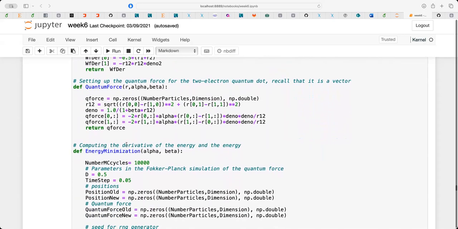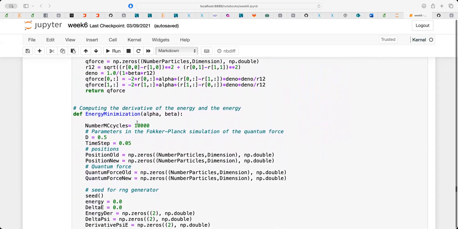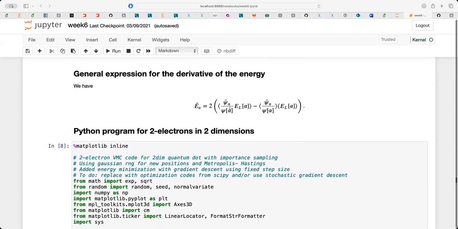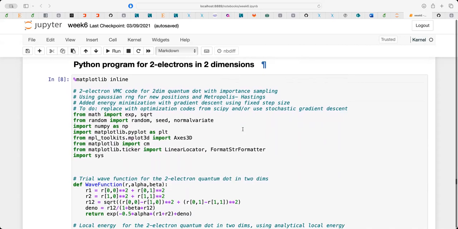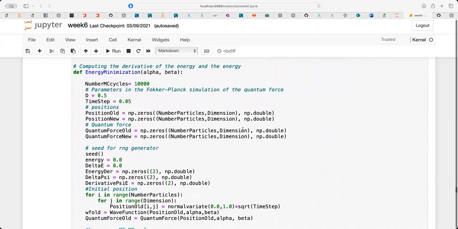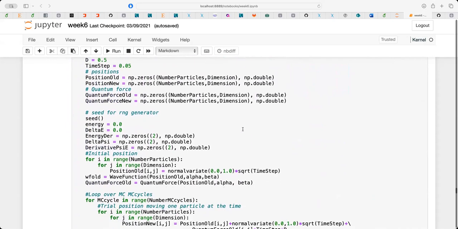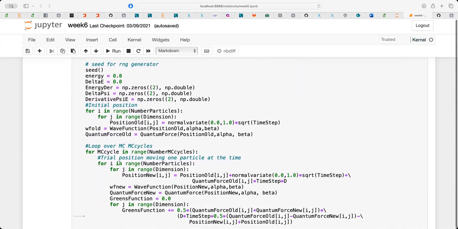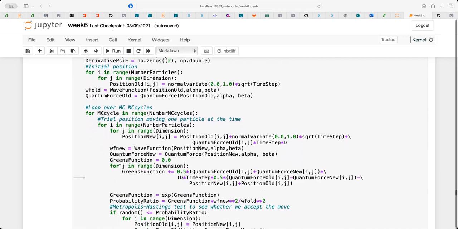I have set up the quantum force, and now I'm going to calculate these 3 integrals which you have here. This term, this one, and that one. And that's going to return the derivative. So if you now look at the standard approach which we have here, I'm setting up the derivatives. I'm performing a Monte Carlo calculation where I now run over the variational parameters.